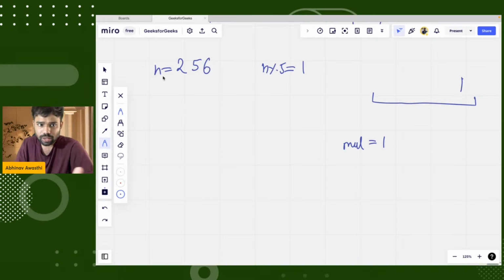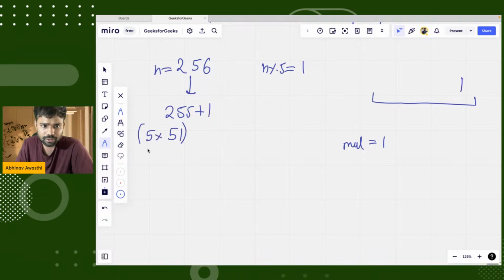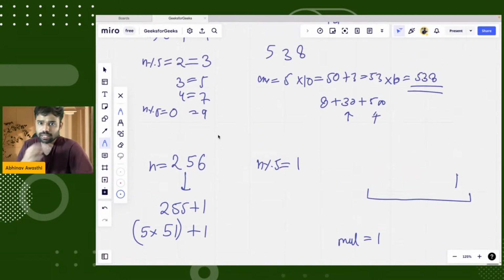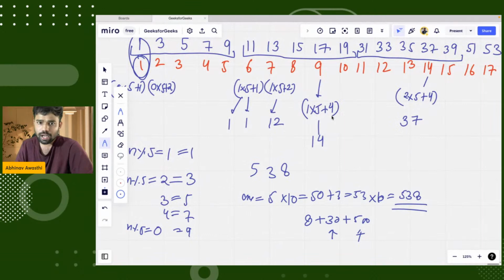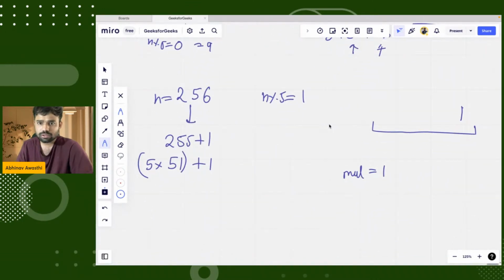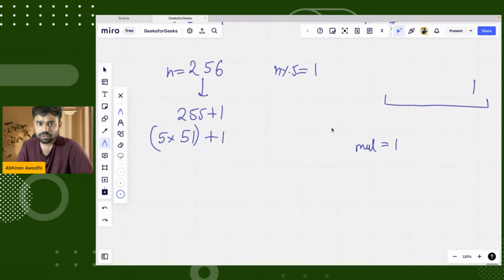So I can write this as 255 plus 1, or 5 into 51 plus 1. Just like I have written all these numbers in this form, I have written this number also.